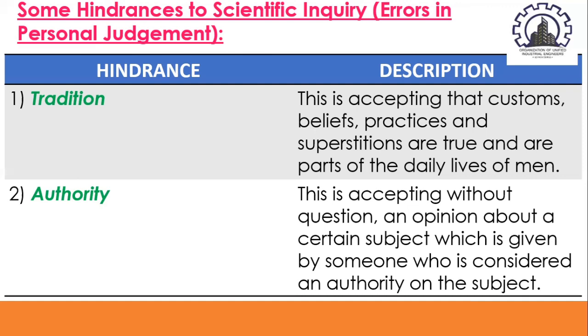Now, this may be true or not, but many women believe and practice it without verifying its truth. People have the idea that when everybody does a thing, it is true. So, therefore, this belief is a hindrance to scientific investigation.